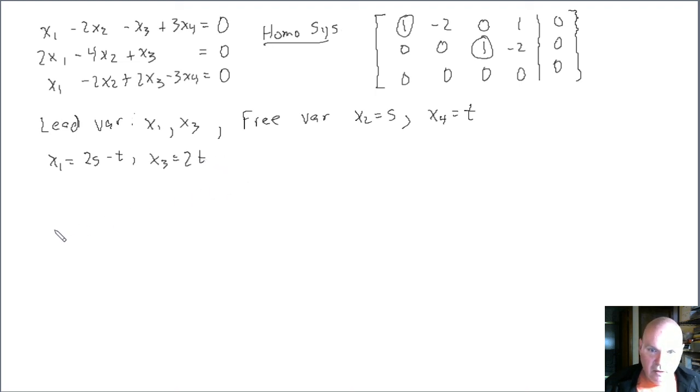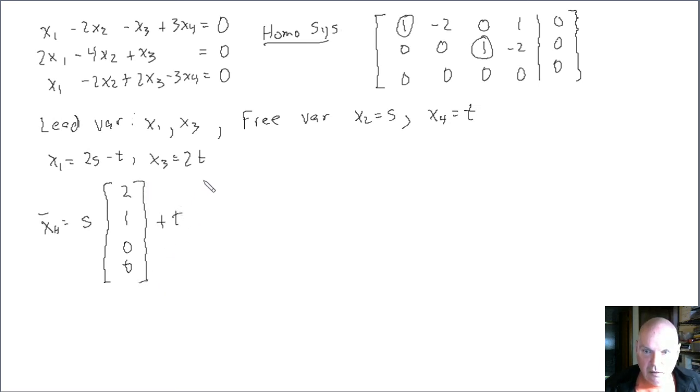So I can write down the homogeneous solution in this form: s times 2, 1, 0, 0, plus t times minus 1, 0, 2, 1. Okay.